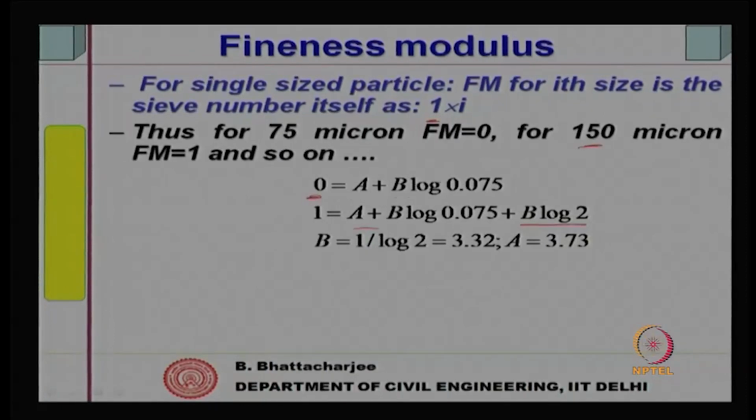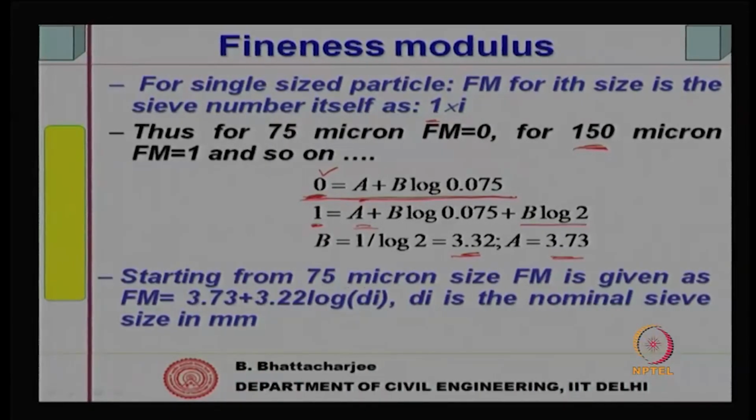Therefore, I can derive an expression for fineness modulus for a single particle size. For 75 micron size, the fineness modulus is 0. For 150 micron sieve, all particles belonging to 150 micron, fineness modulus is 1. And from this, I can derive A and B. B comes out to be 3.32 and A comes out to be 3.73.